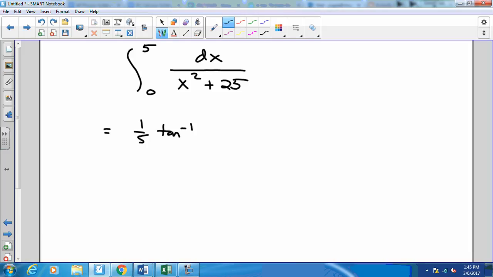Which one? Can't remember. Guys, what's that? 5 over x? I'm going to put a big question mark here because we can't remember the antiderivative. This is the limitation of relying on brute memory. The formulas can get complicated and we're not sure which is which.